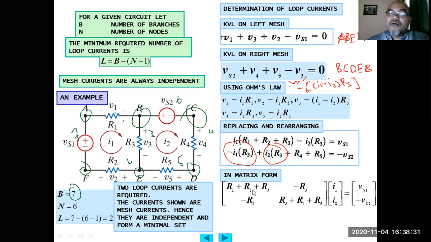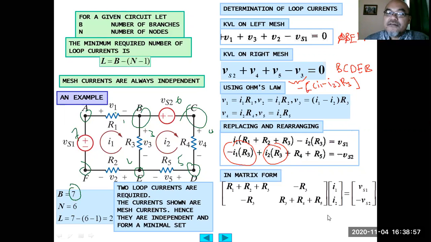The first row, first column comes from here: R1 plus R2, R3. The first row, second column from here: minus R3. Second row, first column from here: negative R3, because this is multiplied by I1. And the second row, second column is from here: R3 plus R4 plus R5, multiplied by I2.